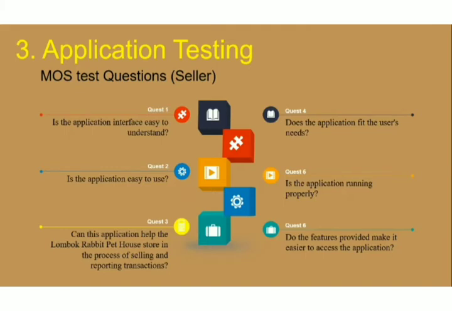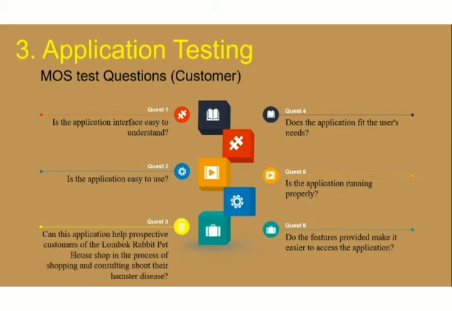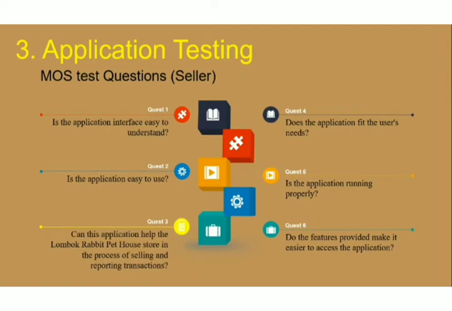The next test is MOS testing. MOS testing has been done by distributing questionnaires to 30 respondents, including the owner and an employee of the store, and 28 prospective customers. And there are 6 questions in the questionnaire for each user side.